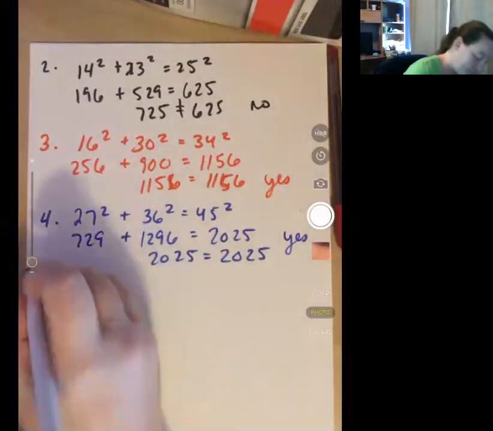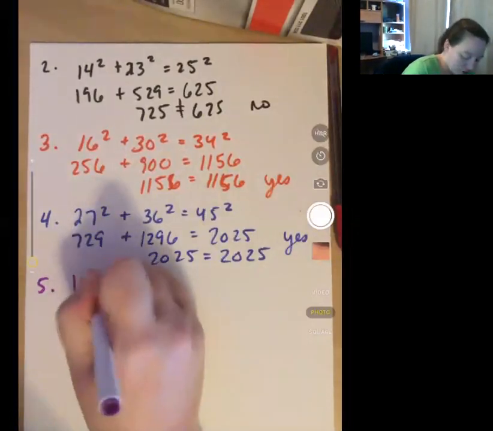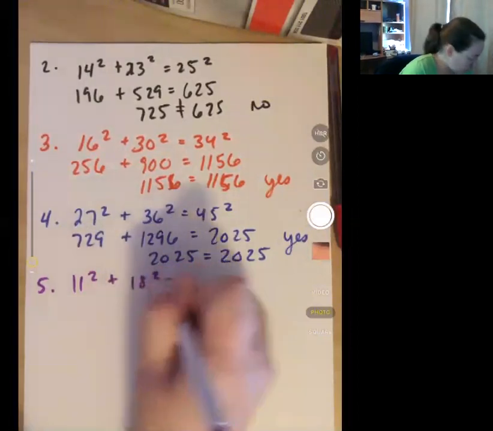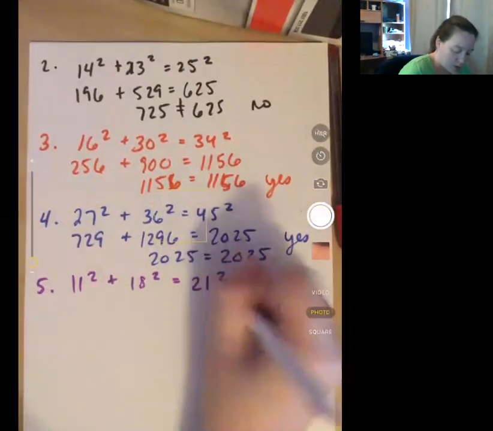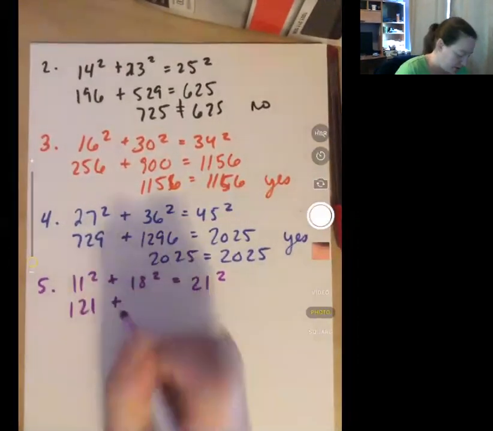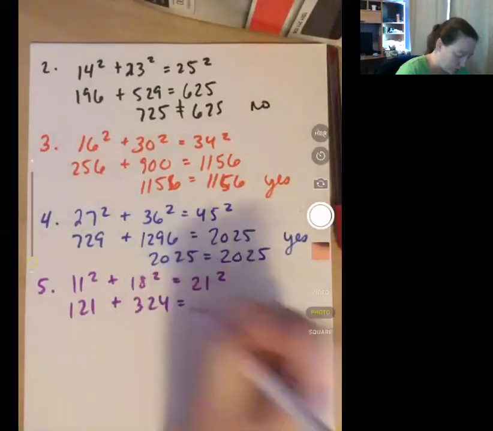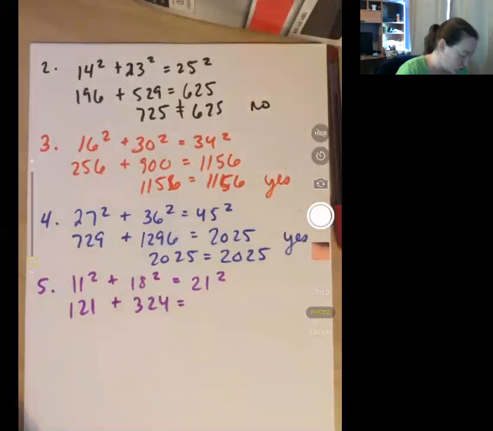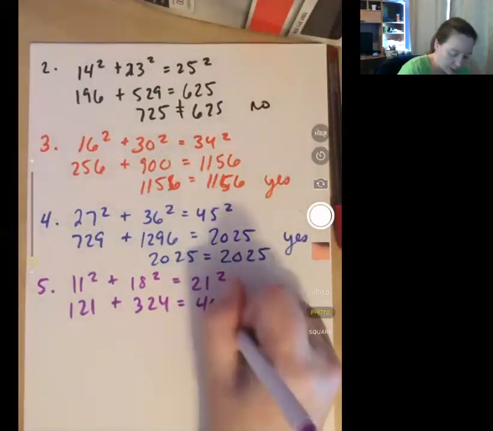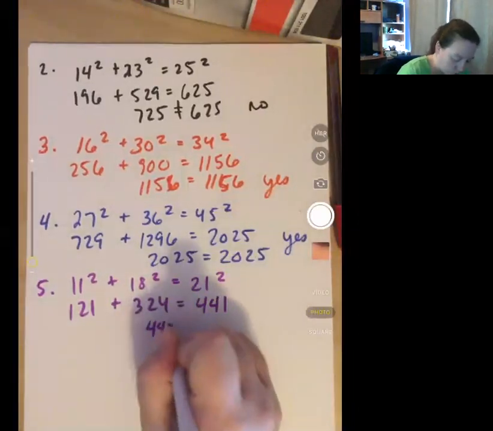Number 5. 11, 18, and 21. Once again, they put it in order for us. 11 squared plus 18 squared is equal to 21 squared. 11 squared is 121 plus 18 squared, which is 324, is equal to 21 squared, which is 441. 121 plus 324 gives us 445.